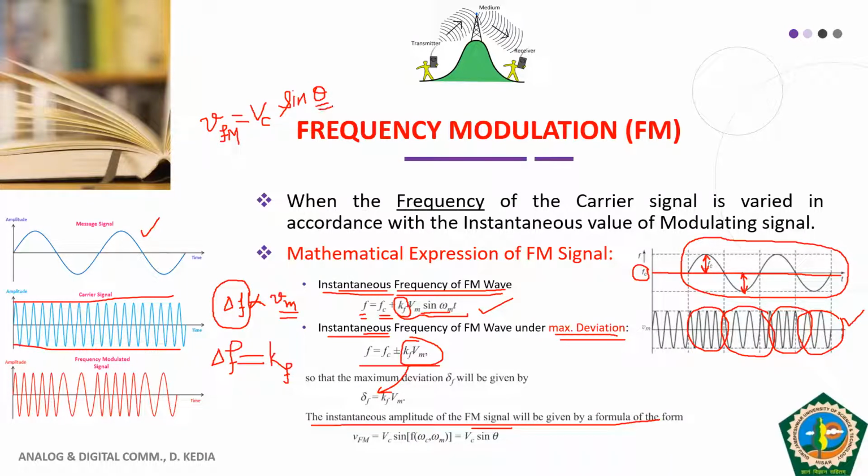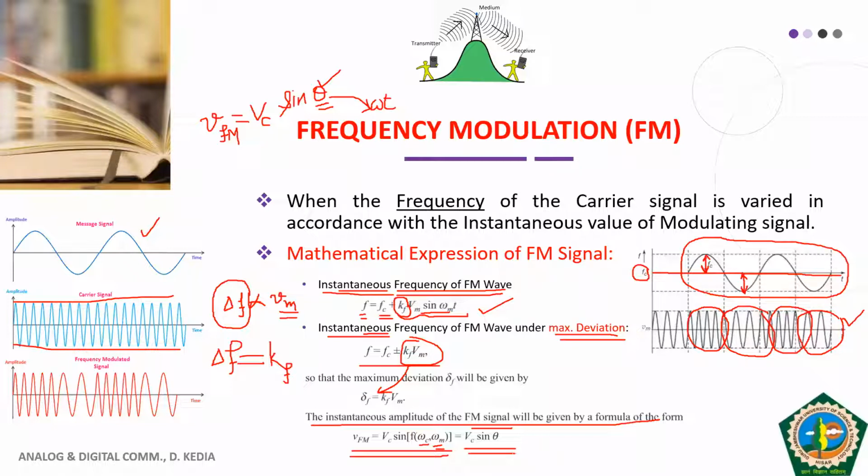So this theta, what is this? We can write theta as omega t. Mathematically we know theta equals omega t, or we can say that this theta is now a function of two things. It is a function of carrier frequency and it is a function of modulating frequency. So we have written the instantaneous value of the frequency modulated signal as capital Vc into sine of a function of omega c and omega m.